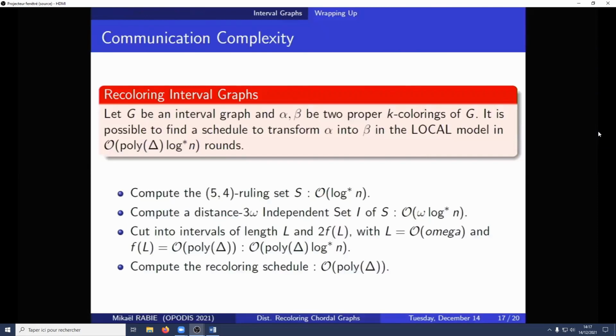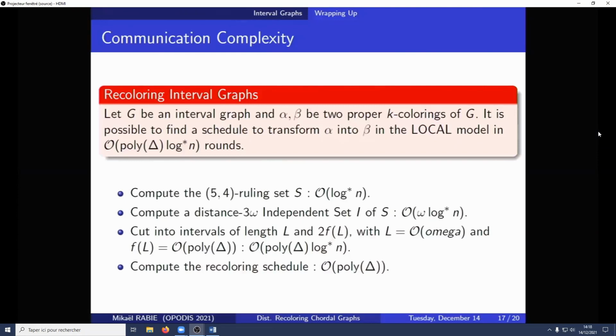And our communication complexity, what is it behind that? So here are all the things we need to compute. The 5-4 ruling set and the distance 3 independent set need omega times log star of n rounds. And this is where we compute the omega plus 1 coloring. So this is the complexity to find an omega plus 1 coloring in the LOCAL model on interval graphs.